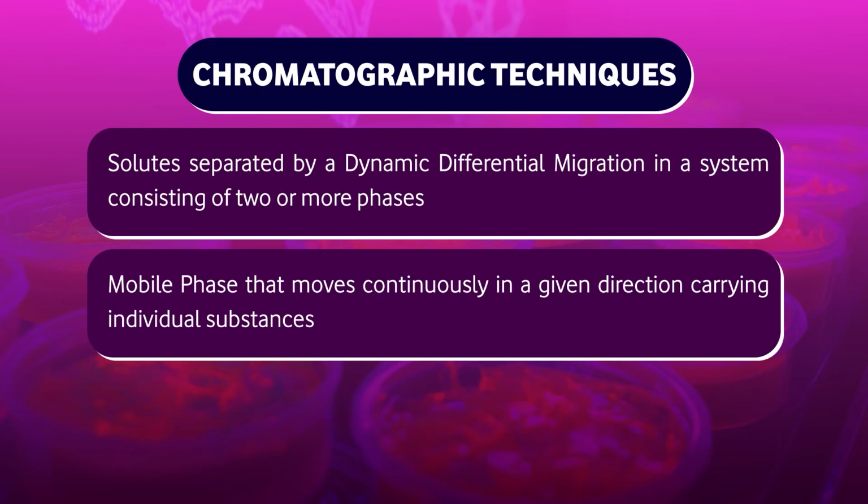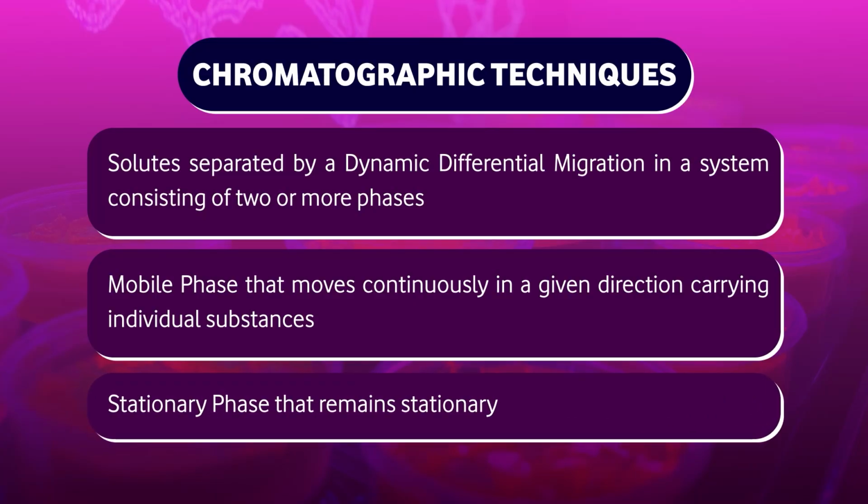So the components are moving along with the mobile phase. The mobile phase is moving, taking all the constituents together in the instrument, and there is a stationary phase which is non-moving. It remains stationary. The mobile phase carries all the components of the mixture along with it.